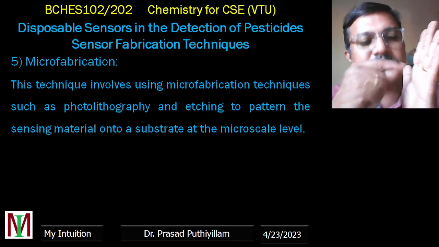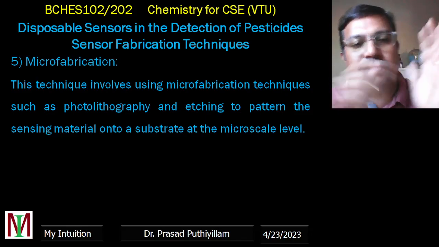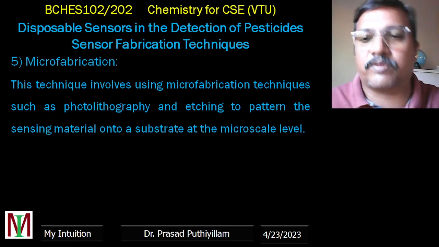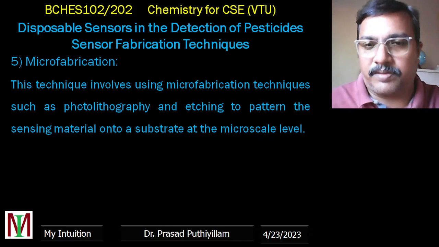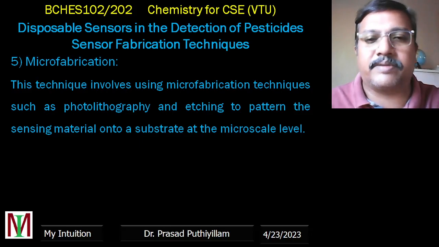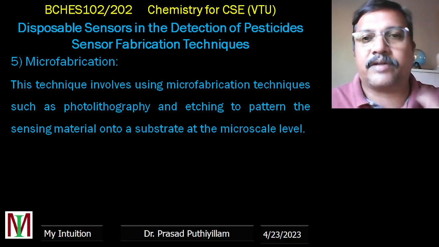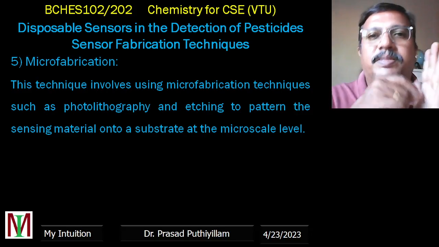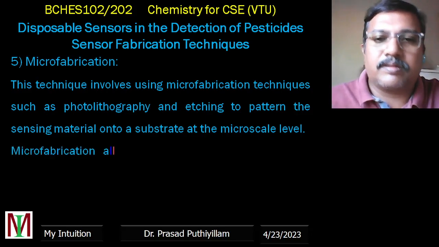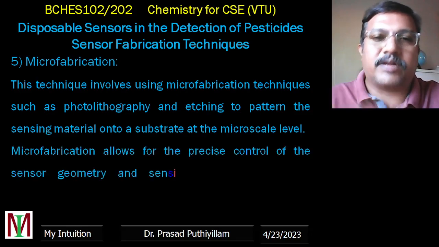The sensing material is put on the substrate by the method of drawing. That is called lithography. Photolithography or etching methods can be used. Separately we'll see what lithography and etching are. Right now, understand that it is simply a method just like writing. Etching means scratching, lithography means writing.